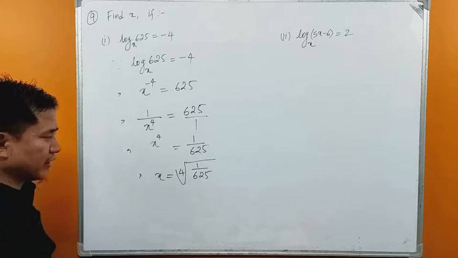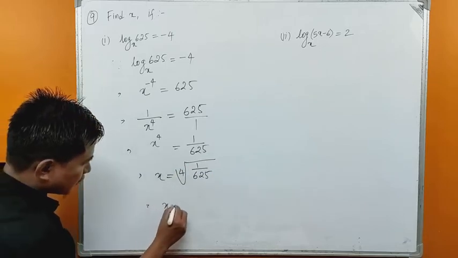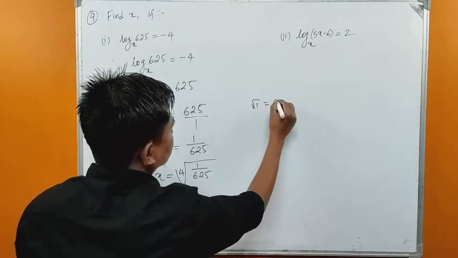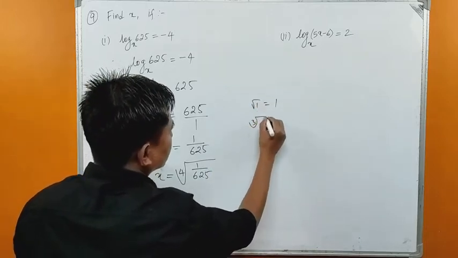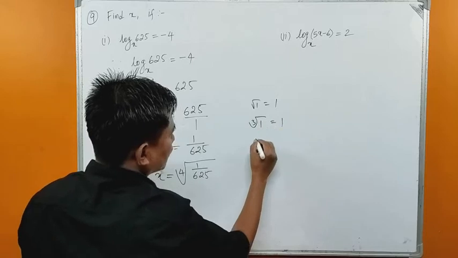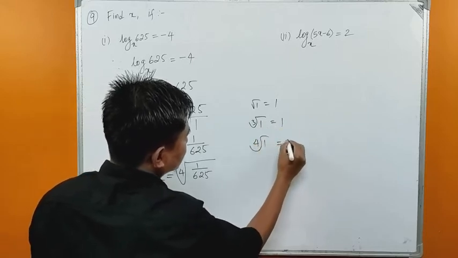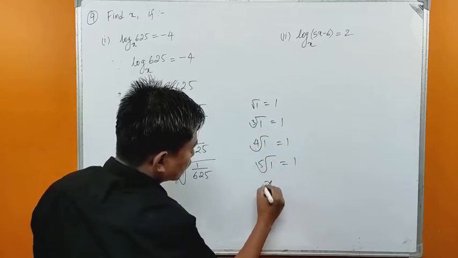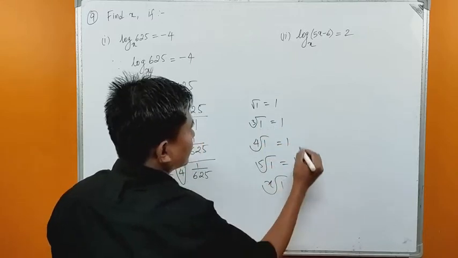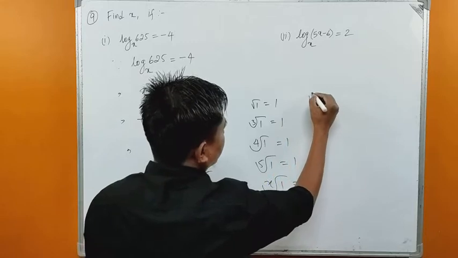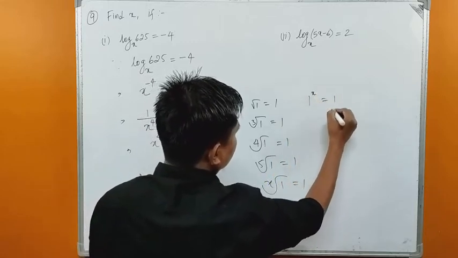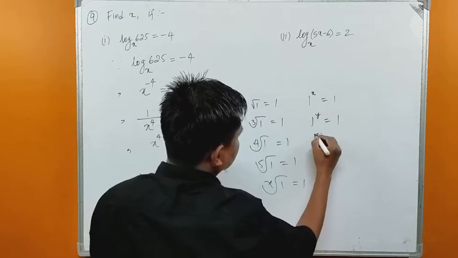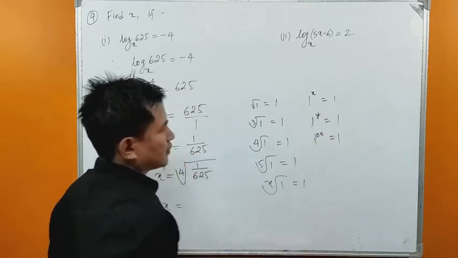4th root. Okay, square root of 1 equals 1, cube root of 1 equals 1, 4th root of 1 equals 1, 5th root of 1 equals 1. What I mean to say is 1 to the power x equals 1, 1 to the power y equals 1, 1 to the power 100 equals 1.